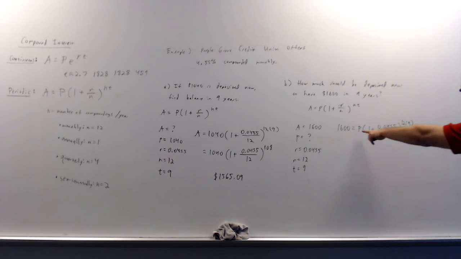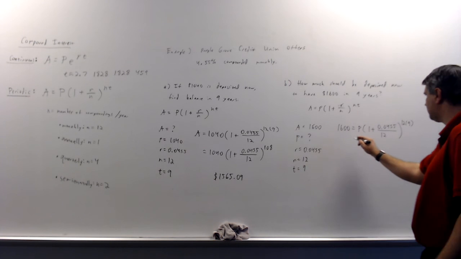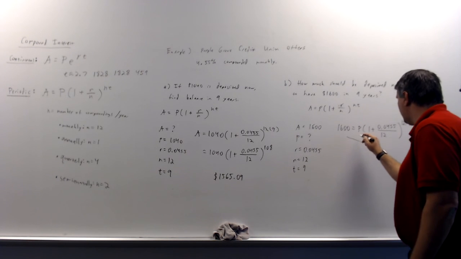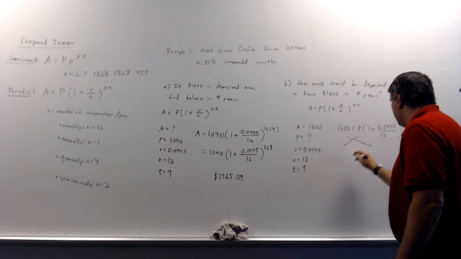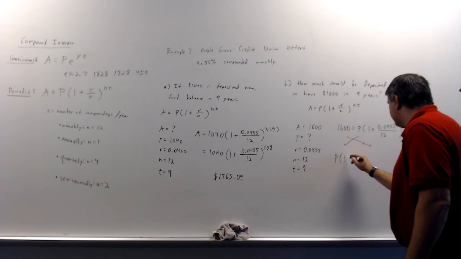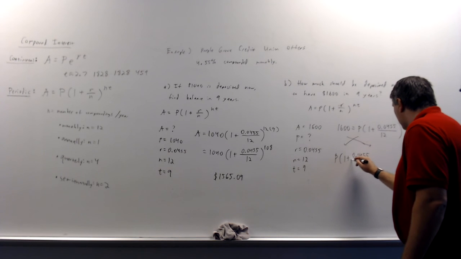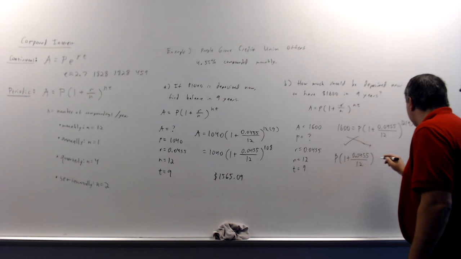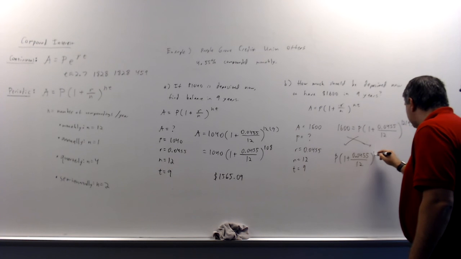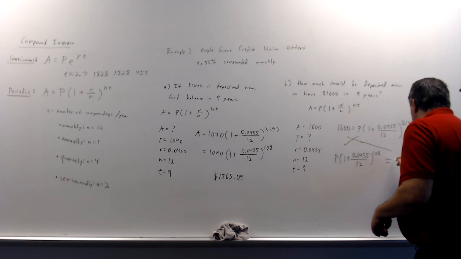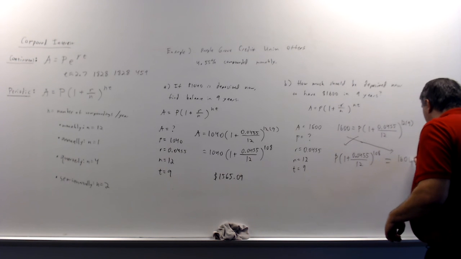Clean that up, and since P is my unknown, I'm going to switch the sides. I hope everything is still visible on screen. It is, good. So P times 1 plus over 12, that's 108, equals 1600.